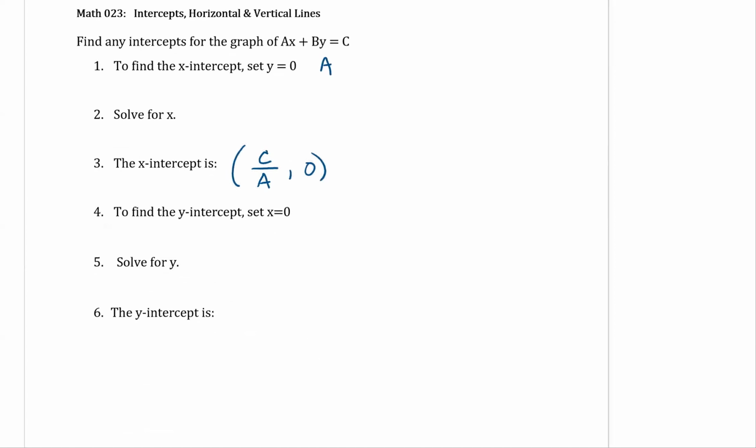So I have ax plus b times 0 equals c. If I solve for x, ax equals c, and divide both sides by a, x is equal to c over a. I wouldn't memorize that. I would just know that to find an x-intercept, you plug 0 in for y.